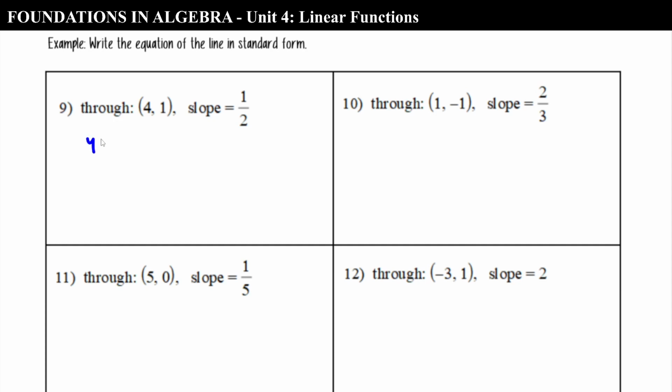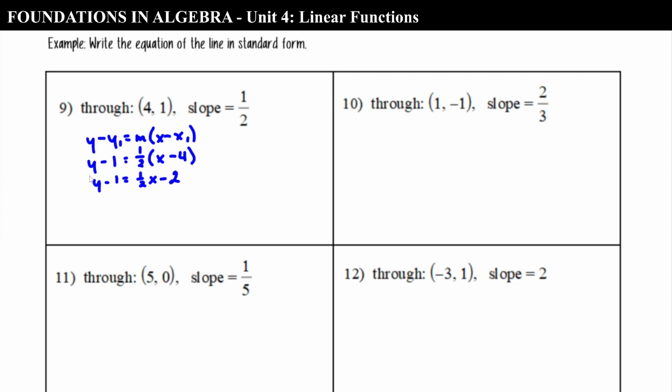So we got y minus y1 equals m times x minus x1. So we're going to plug in our y1, which is 1. Our slope is 1/2. Our x1 is 4. And so now we're going to distribute to get rid of the parentheses. 1/2 of 4 is 2.